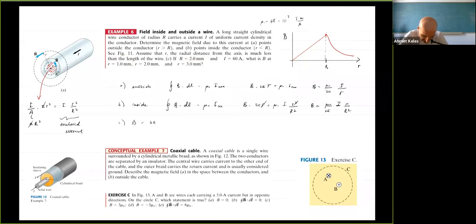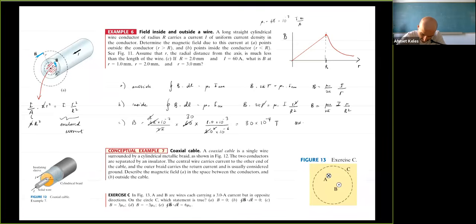So this is 4 pi times 10 to the minus 7 divided by 2 pi, times current 6 amperes, times r, which is 1.0 times 10 to the minus 3, divided by R squared, which is 2.0 squared times 10 to the minus 6. 30 times 10 to the minus 7, minus 3 is minus 10, plus 6, minus 4 Tesla.